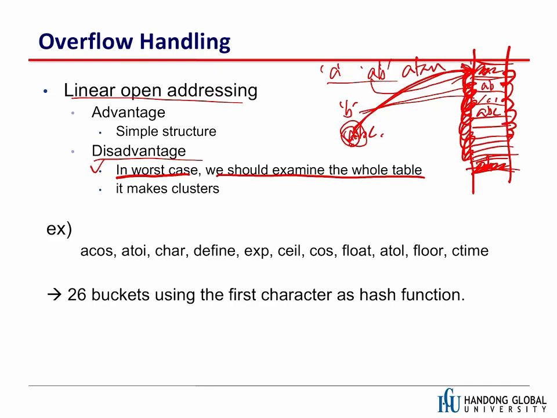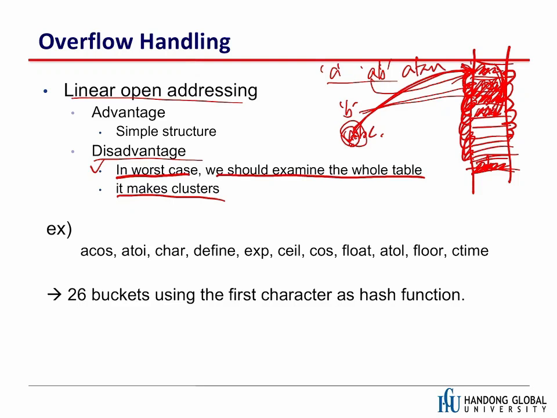So it is not working correctly, and it makes clusters too. With these examples, we have a cluster here. Once we have a full bucket, then we have a high probability that the next bucket is full too. And if these two buckets are full, we have a higher probability that this bucket is full.